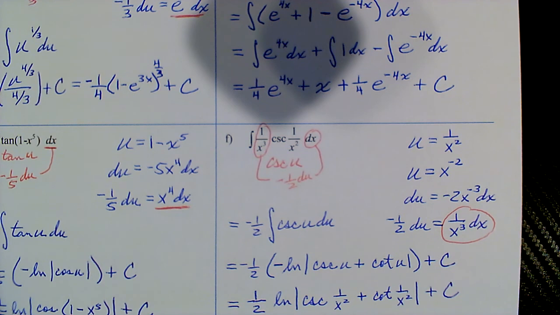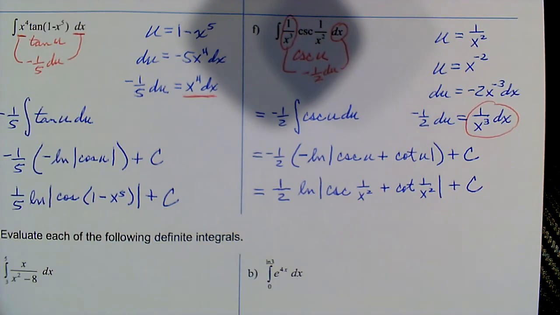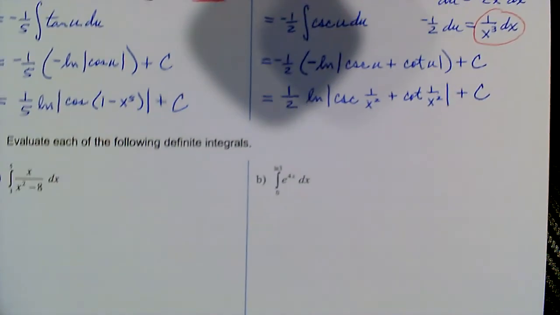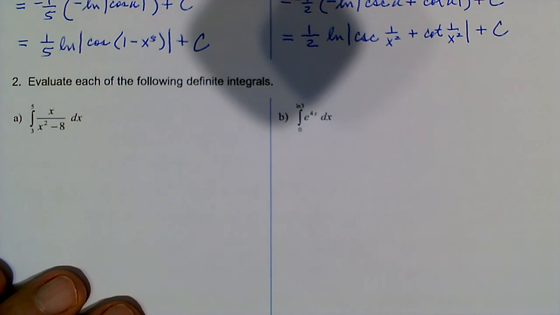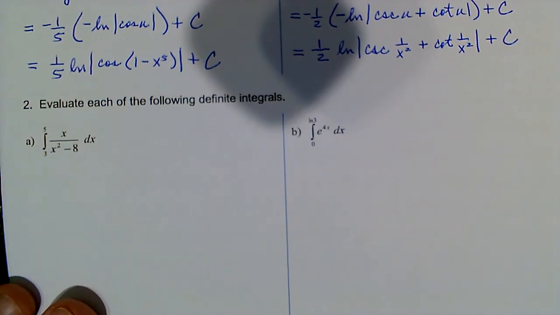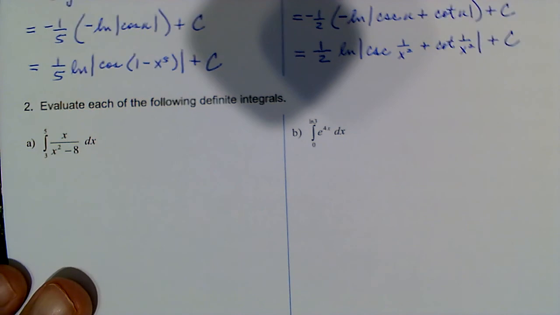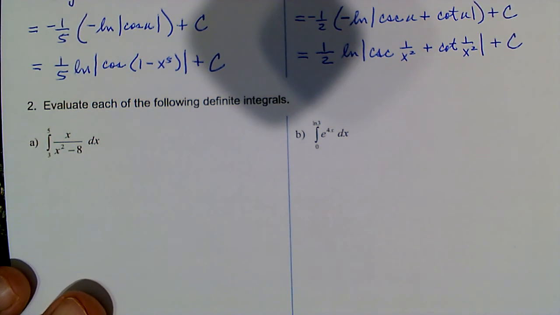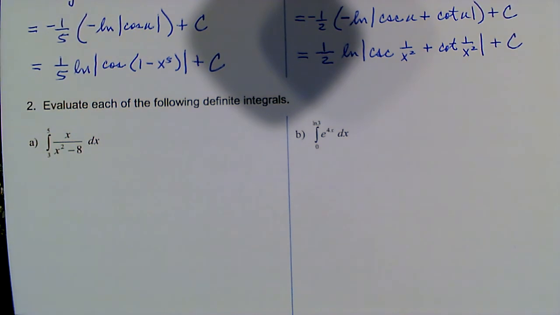Okay, so the final two problems, definite integrals, you're going to have 2 of them, and they will be very similar to these examples. In the first example, we see a fraction, so we ask, is the denominator a power?